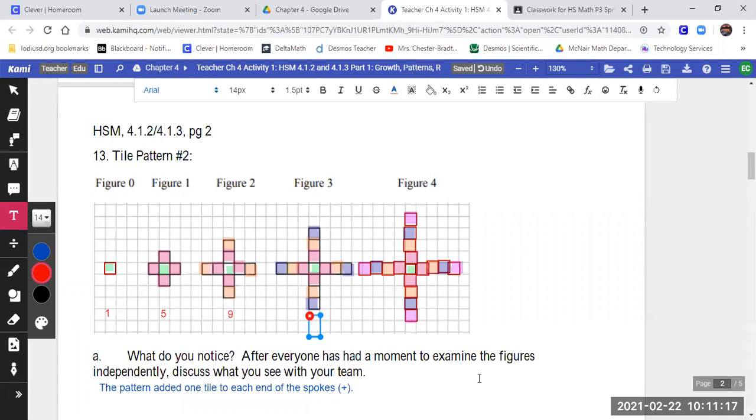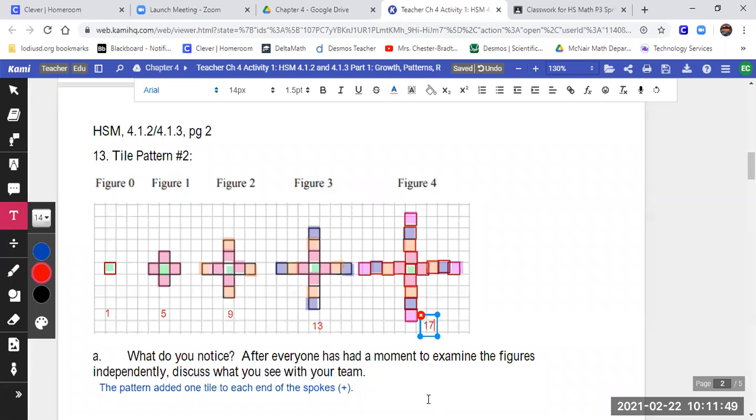Keep going. Come on. Figure 4. Okay. All right. Everybody okay on that? Okay, we're good with that.